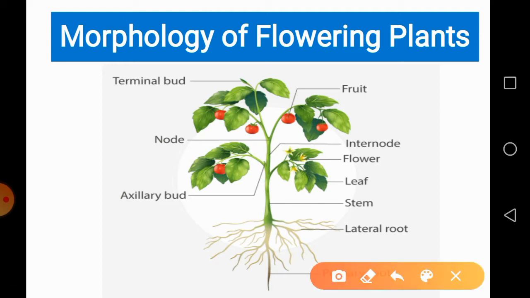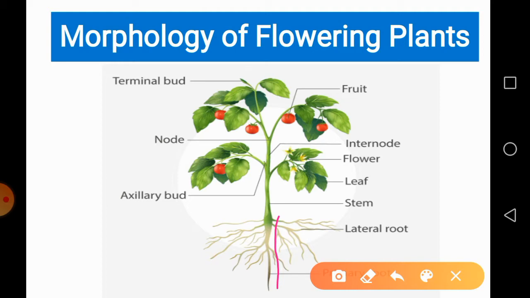Generally the root system is of three types: taproot system, fibrous root system and adventitious root system. In the taproot system, a main radicle develops from the germinating seed along with its primary root and branches, and this primary root goes deep into the soil.